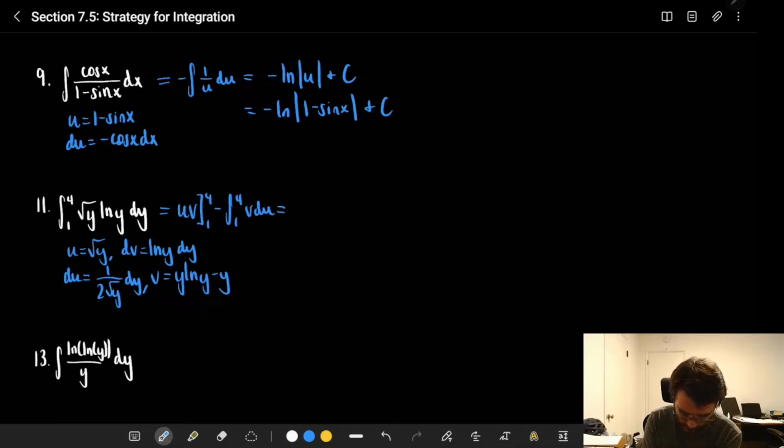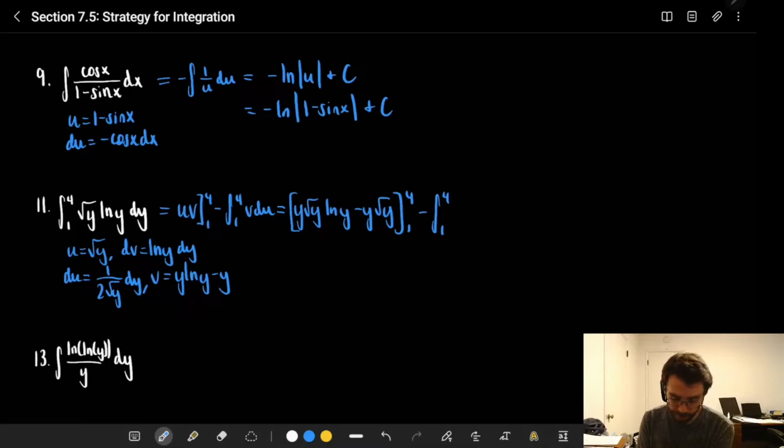Looks like, let's just write it like this. Y square root of y, natural log of y, minus y square root of y from 1 to 4. Then integral v du looks like this. Maybe I'll pull the 1/2 out.